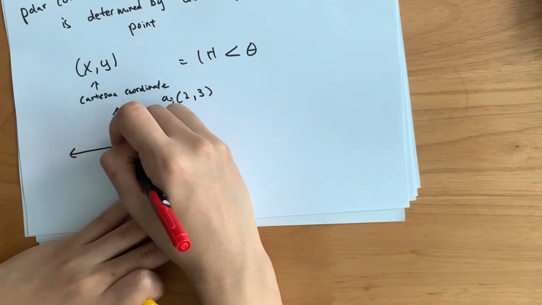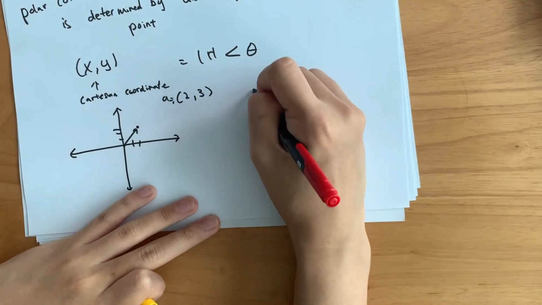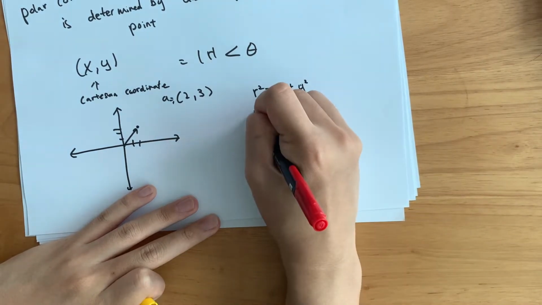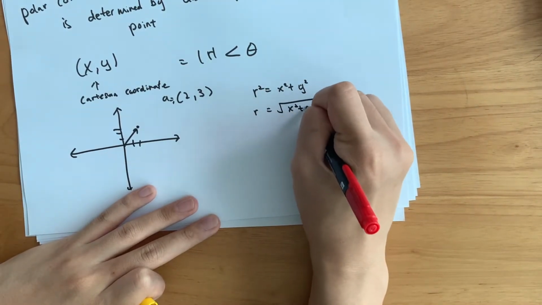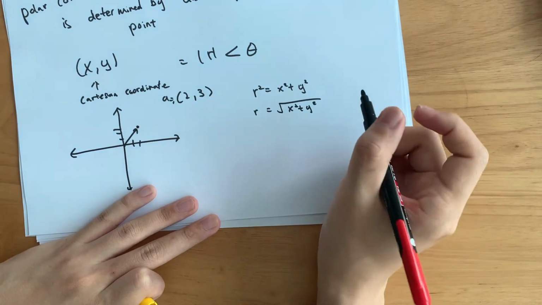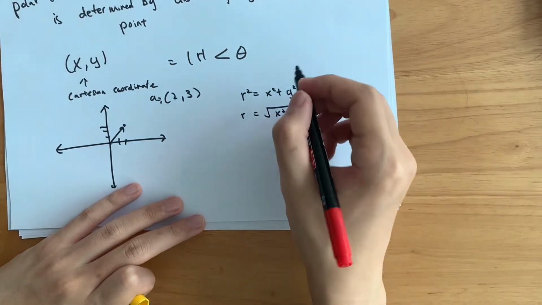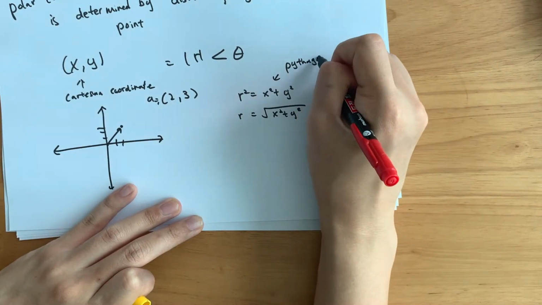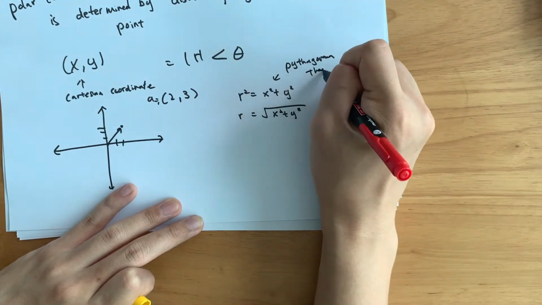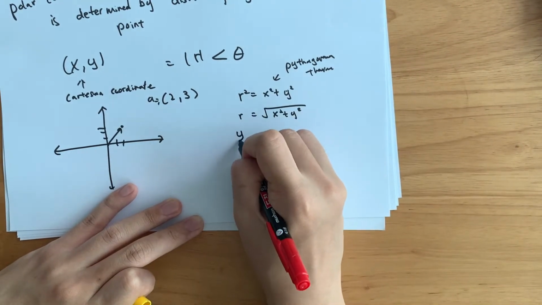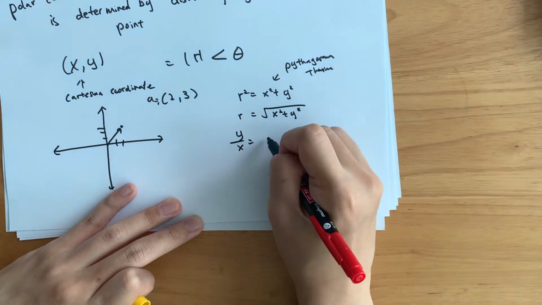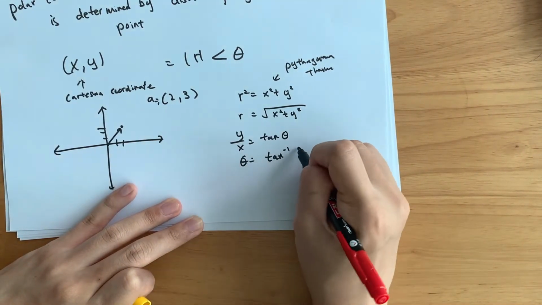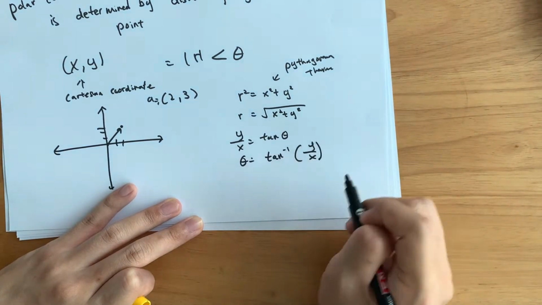We know that this is a right angle, so we can use the Pythagorean theorem, right? r squared equals x squared plus y squared. So r is equal to the square root of x squared plus y squared. We told you in the trigonometry video. And we know that y over x is tangent theta. So theta is the inverse tangent of y divided by x.